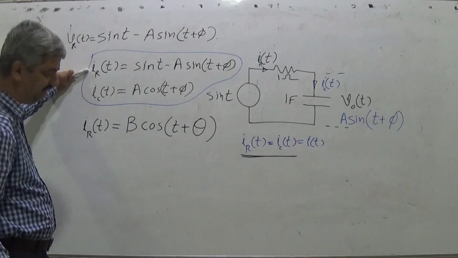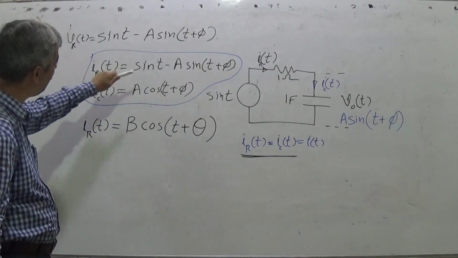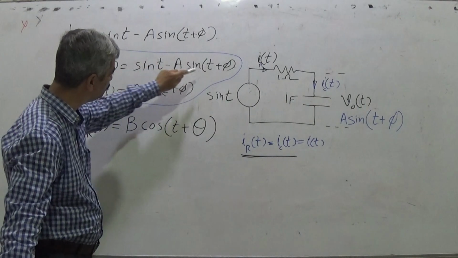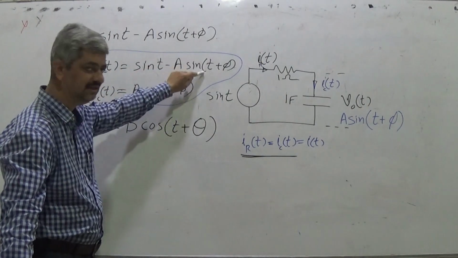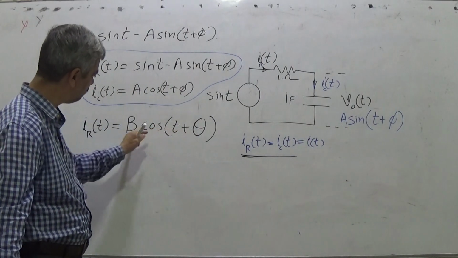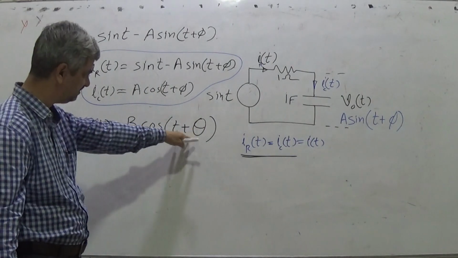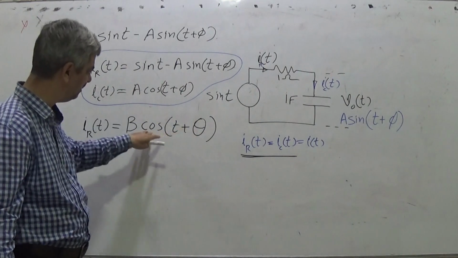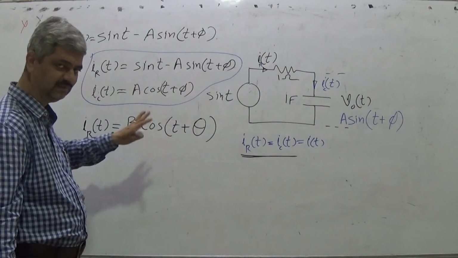This iR(t), which is a sum of two sinusoids of the same frequency, you can write as something cos or something sine, because just by changing the angle you can change it to cos or sine. Did you understand?